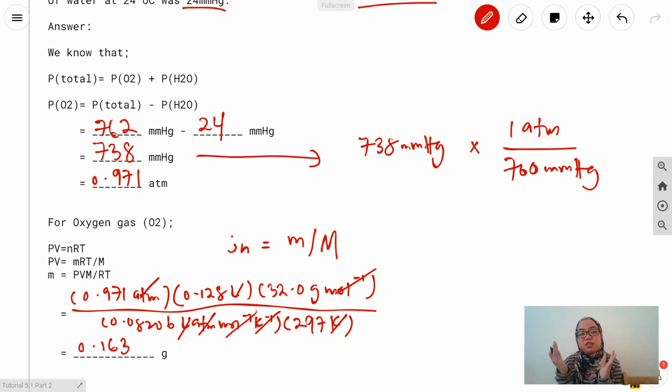Once you have the partial pressure of oxygen, you can use the equation PV equals nRT, and use the relationship between mass and molar mass to make the mass the subject of the formula, to calculate the mass of oxygen using the partial pressure, the volume given, the molar mass, R and the temperature given. So this is how you get the mass of oxygen for this question.